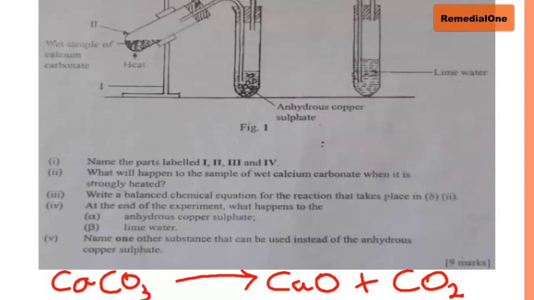Now, let's look at the other question. Name one other substance that can be used instead of anhydrous copper sulfate. So we are looking at any other substance that can be used to test for water in the lab. Normally, we use anhydrous copper sulfate, which is whitish in color, but the moment it becomes hydrated, or the moment water is added, it turns blue. But apart from anhydrous copper sulfate, we can also use anhydrous cobalt(II) chloride, that is CoCl2, the anhydrous one.